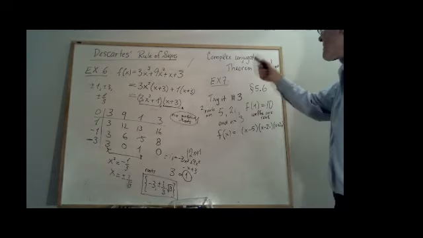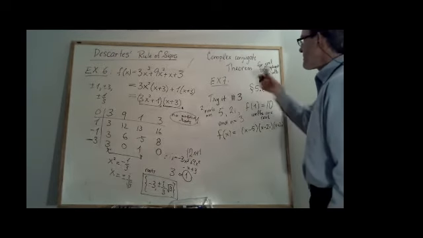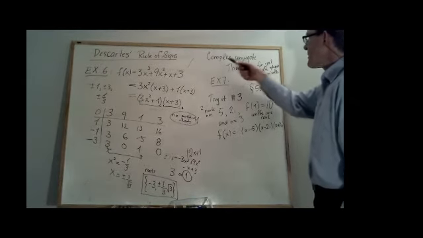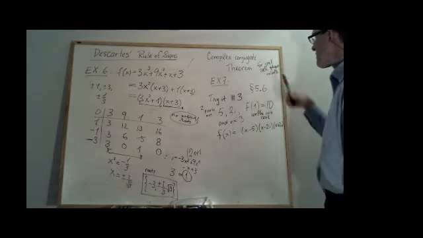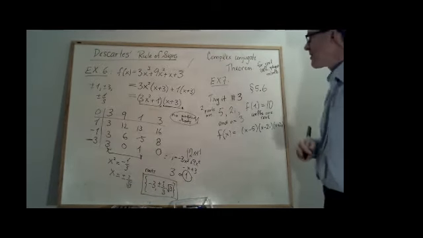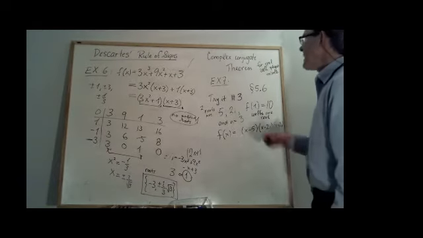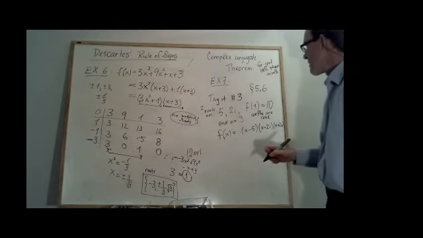What I'm trying to say is that for the complex conjugate theorem to be true, all the coefficients of the polynomial have to be real, and then the roots come in complex conjugate pairs.